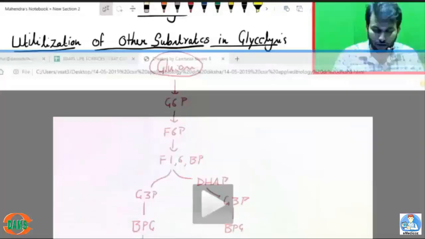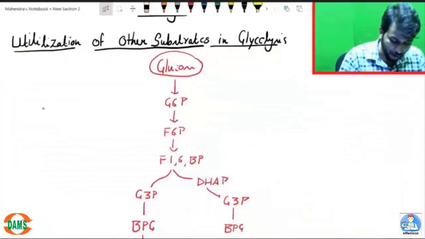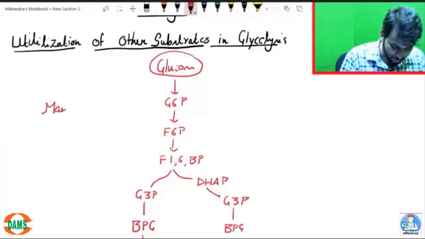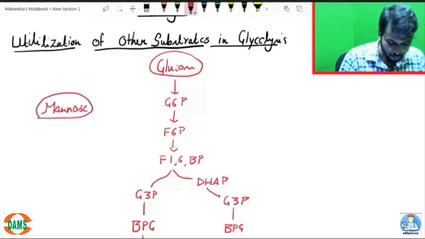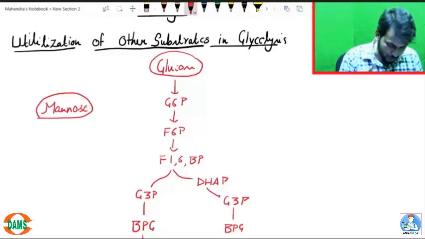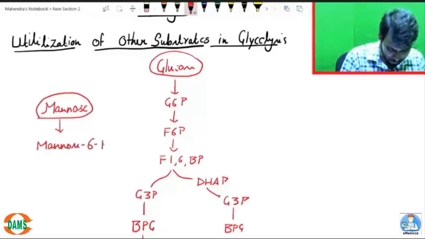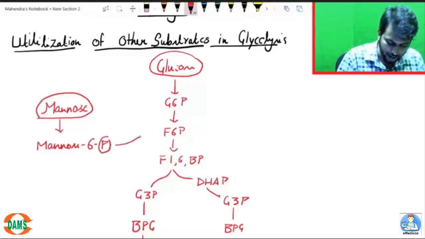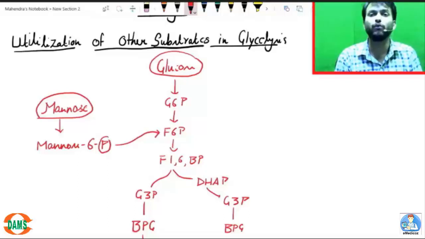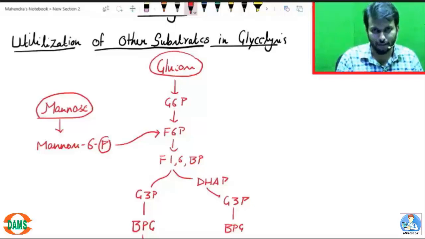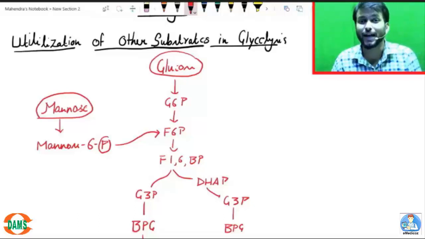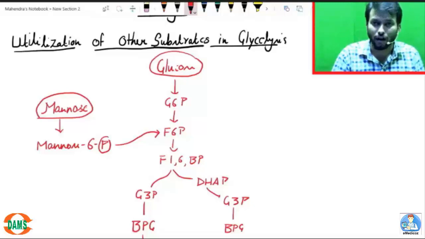If mannose is there, mannose, which is an isomer of glucose, is converted into mannose 6-phosphate, or enters through conversion to fructose 6-phosphate. I will give you a whole bunch of enzymes after that, but please understand how these feeder pathways or other substrates enter into glycolysis.